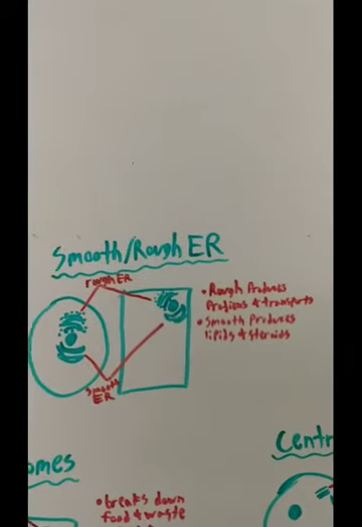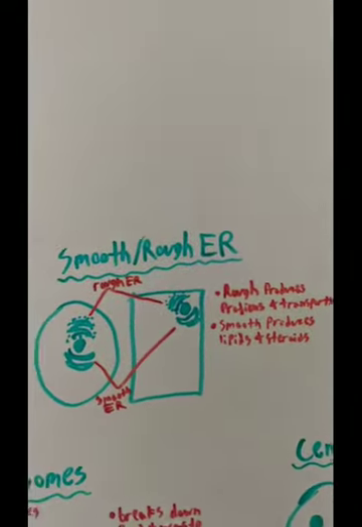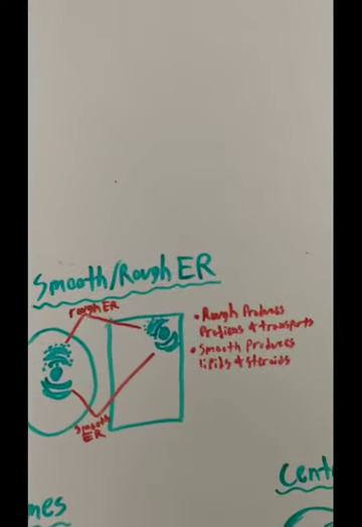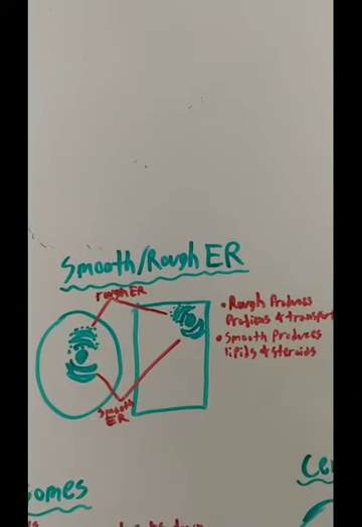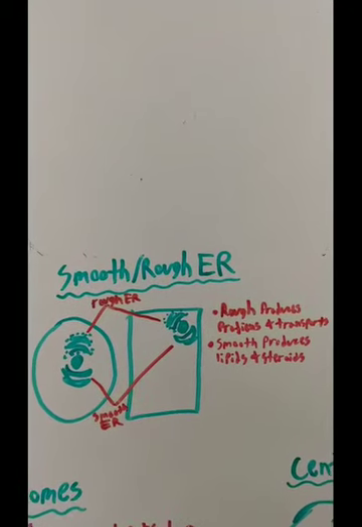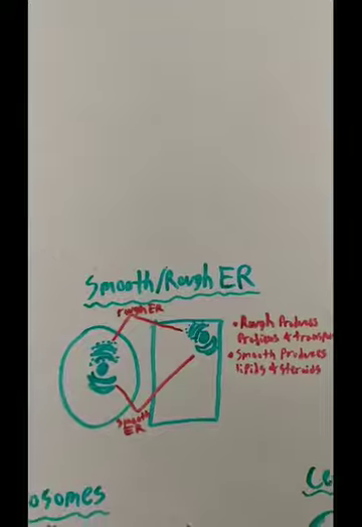Both of them help transport the things that they produce, since they take up a good bit of the cell in most cases. The smooth ER produces lipids and steroids. Since it doesn't have those ribosomes, it doesn't produce proteins, but it does produce things like the rough ER.